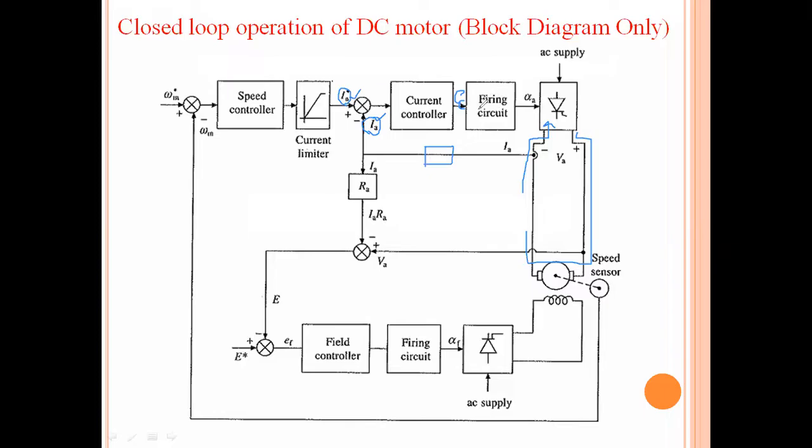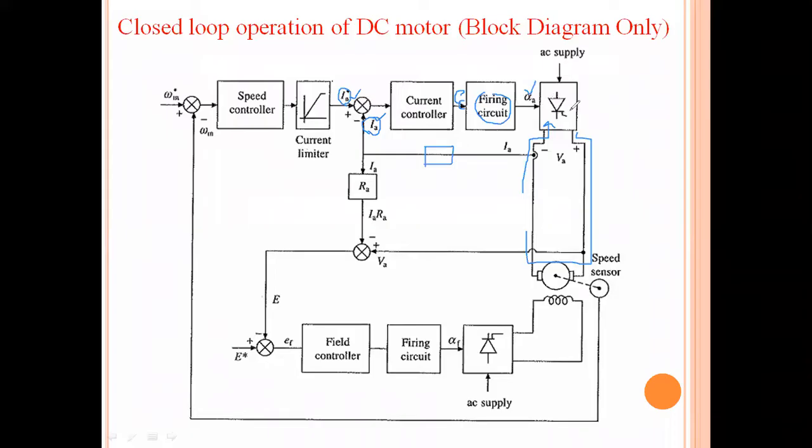This EC is used for the firing circuit. In this firing circuit, the firing angle is produced, which is required to turn on or operate this particular converter. So this converter will change its operation based on the alpha angle produced by the firing circuit.